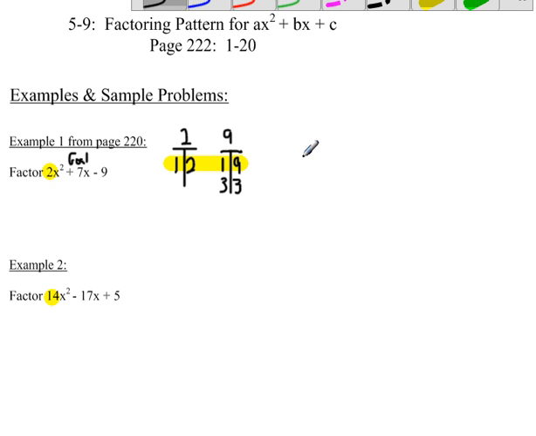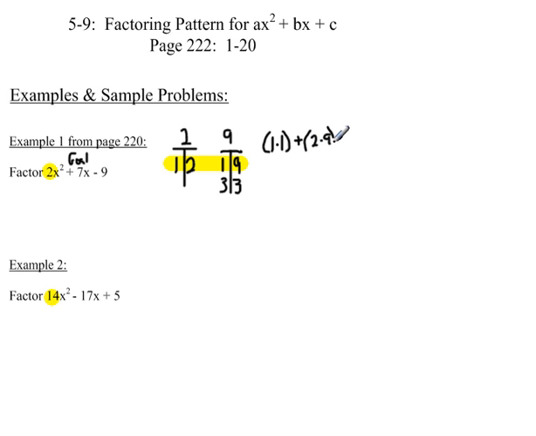You could have the 1 multiplied times the 1, and with sums, you could have the 2 multiplied by the 9. Now you could also have a difference. So that would be 1 and 18, giving you either 17 or 19.